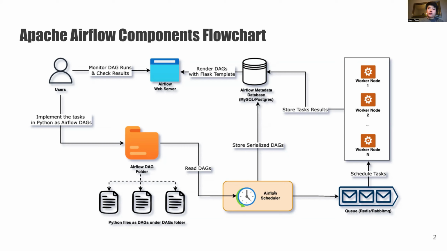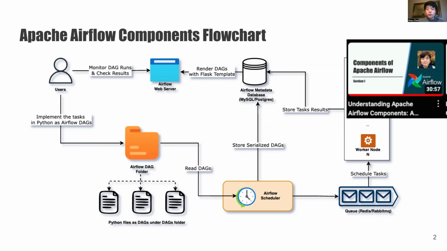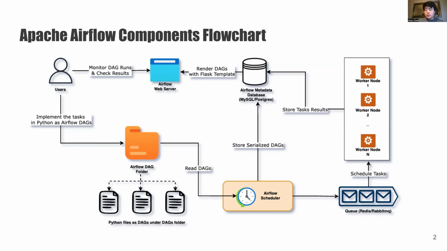Any information, like your DAG information and DAG run status, is stored in the Airflow metadata database. This database is used by the Airflow web service UI, so as users we're able to monitor our DAGs and check the results.